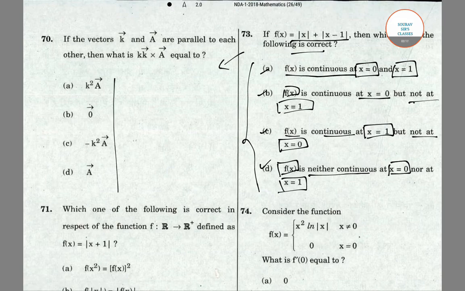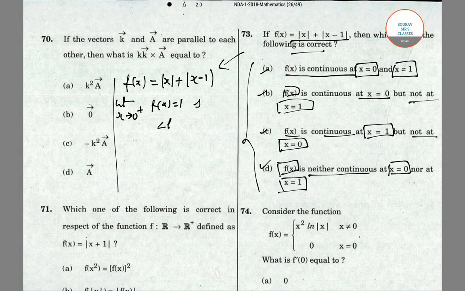It is given f(x) = |x| + |x − 1|. From here we can simply write, what would the limit be? The limit as x tends to 0 from the right, f(x) equals 1, and the limit as x tends to 0 from the left, f(x) also equals 1.